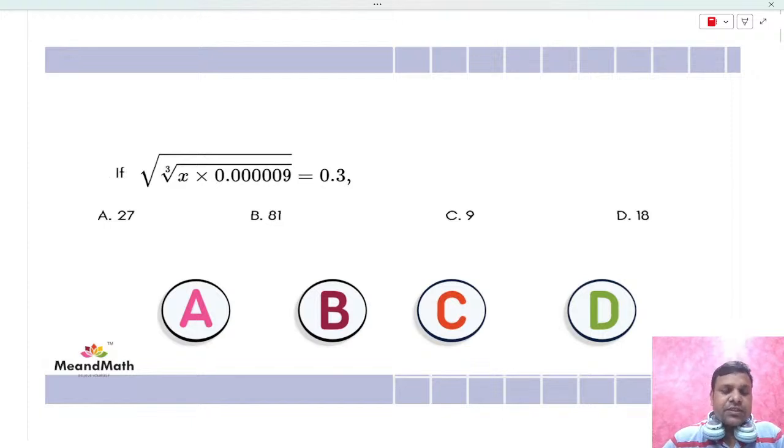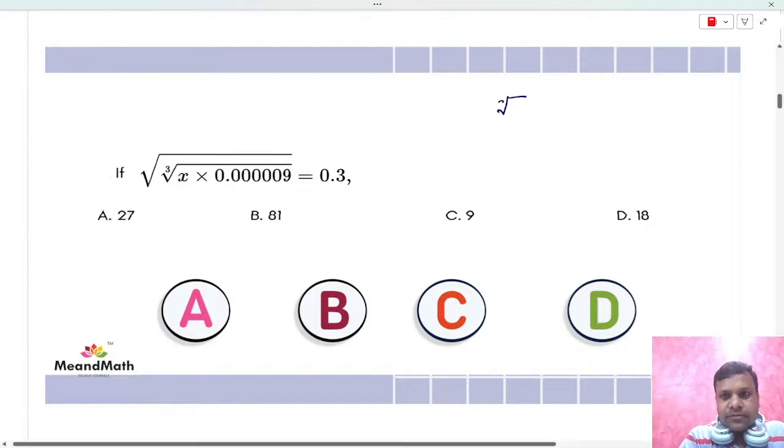In this question, square root and cube root both are combined together. For your hint, this symbol represents cube root, and if 3 is not written here, if nothing is written here, then this is square root.